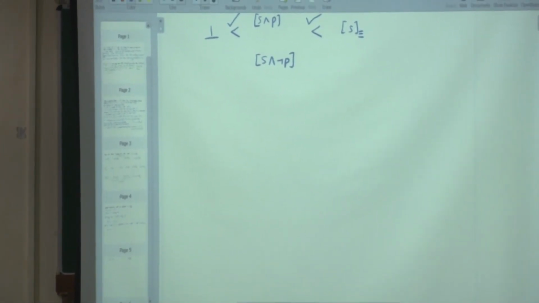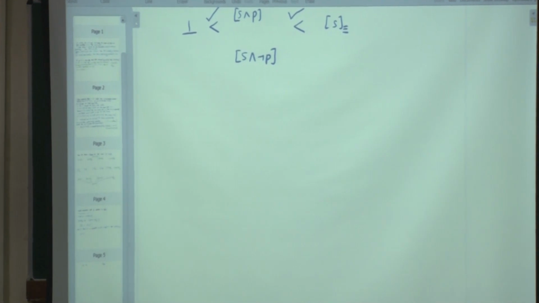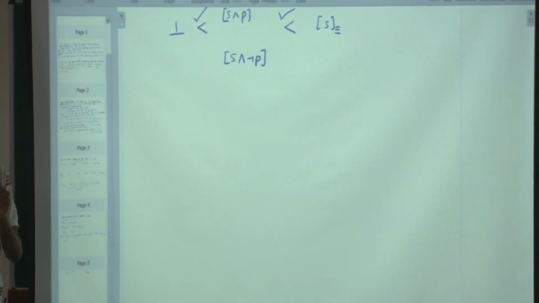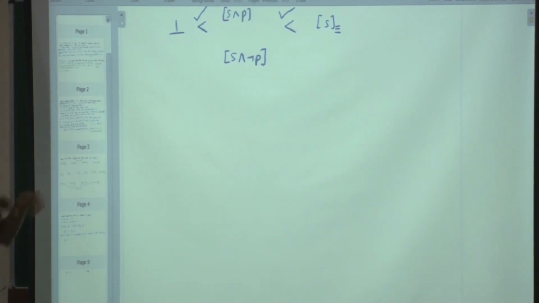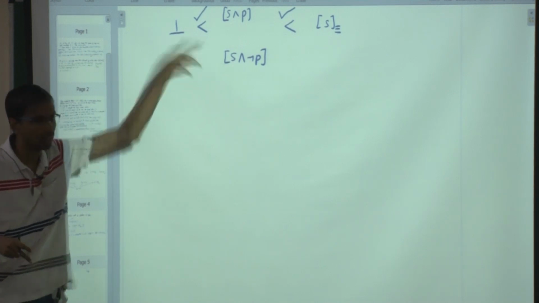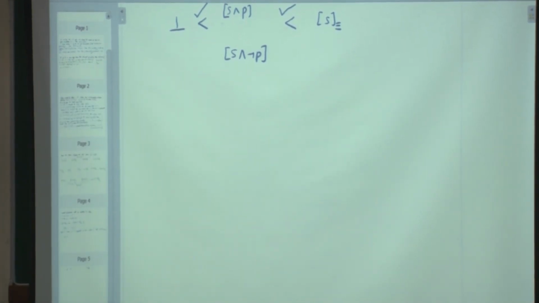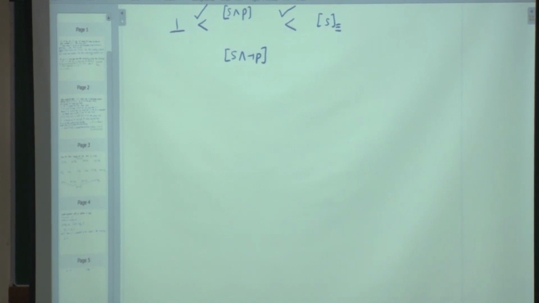And then we construct another valuation which only differs from V in the value of P. And then you can simultaneously witness this or that. So that's how you have to show both these less thans. Just showing one of them is not sufficient. Both have to be shown.